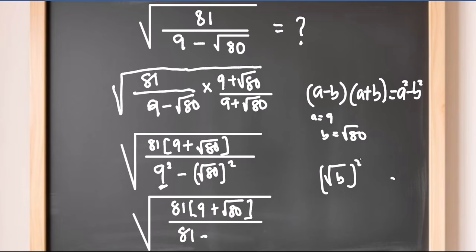This square is going to cancel out the square root, and we can easily have this as b. So I'm going to use the same rule. So this is going to be 80. That is, the square root and the square cancel out. So I'm going to have 80.